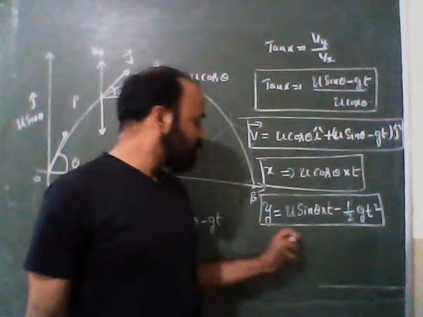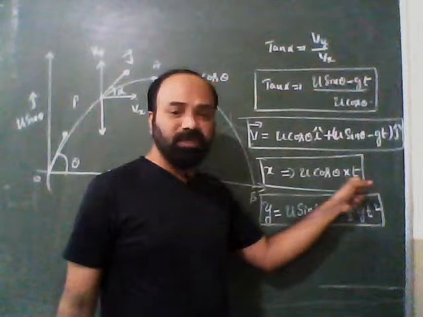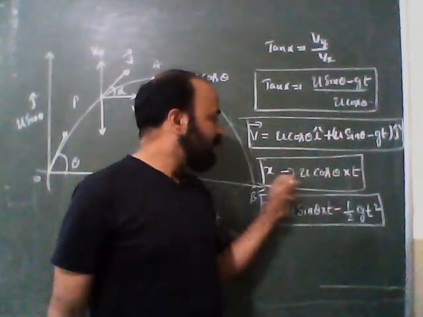Suppose they ask for the equation of trajectory. We have x equals u cos theta into t. From this, t equals x by u cos theta.